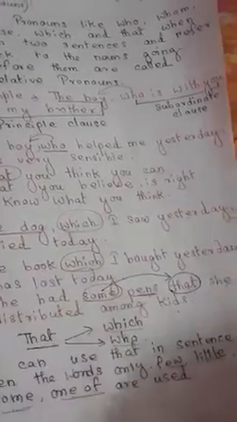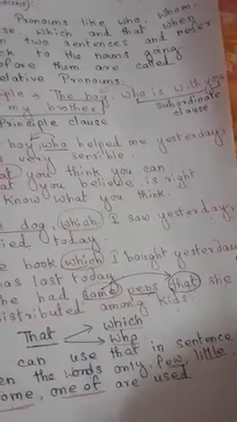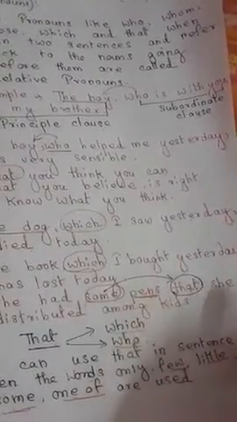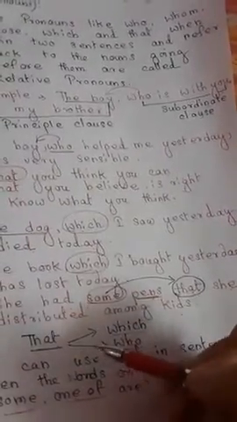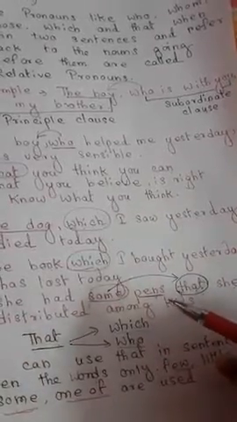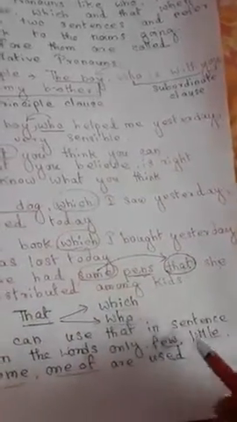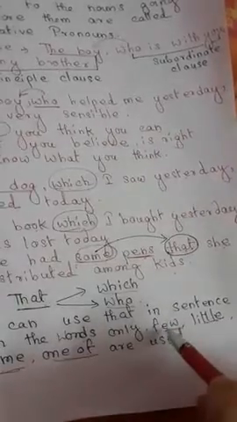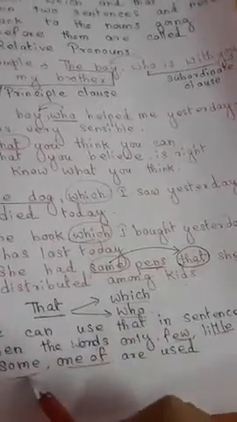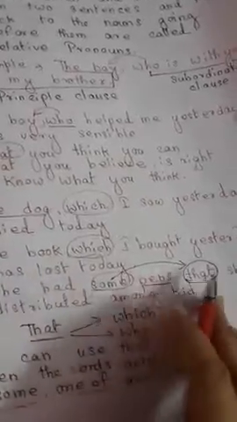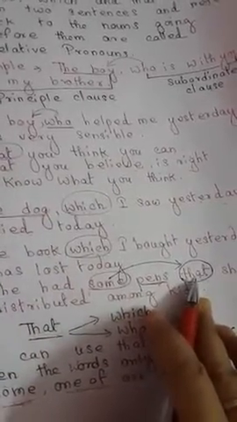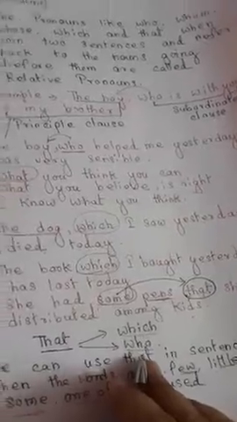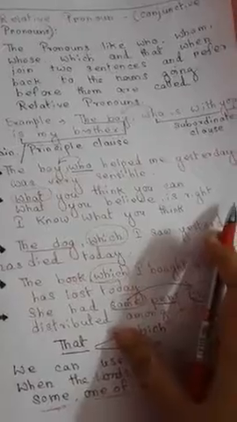Or she had little sugar that she gave to her neighbor. So when we are using few, little, some, one of, then we can use that instead of which or who. I hope students you have understood about relative pronouns and about reflexive pronouns.